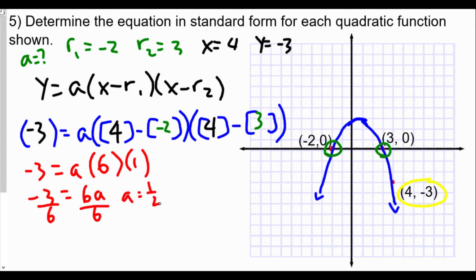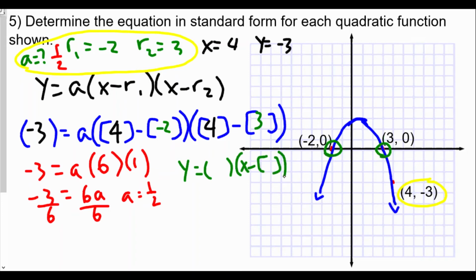So we know what a is now, and we're going to use the information we have for r1, r2, and a to help us figure out what the root form of the parabola is going to be. So for the root form, we get y equals a, which we're filling in, times (x minus r1) times (x minus r2). Let's see if I can move this over a little bit here.